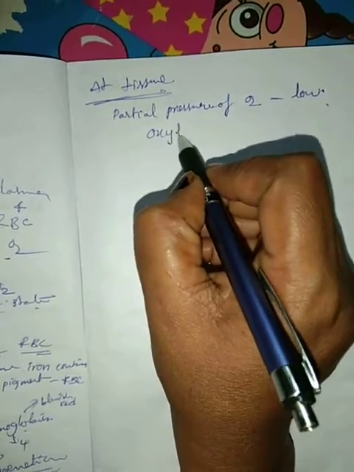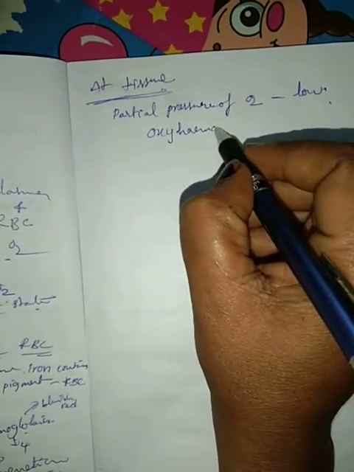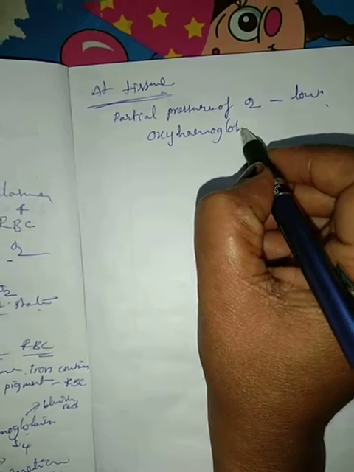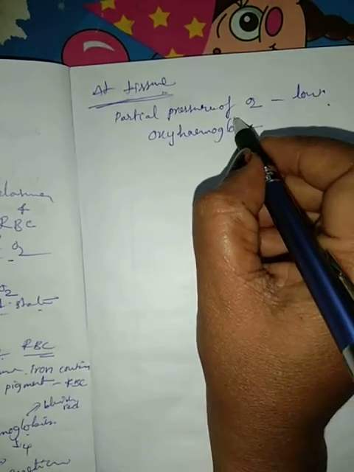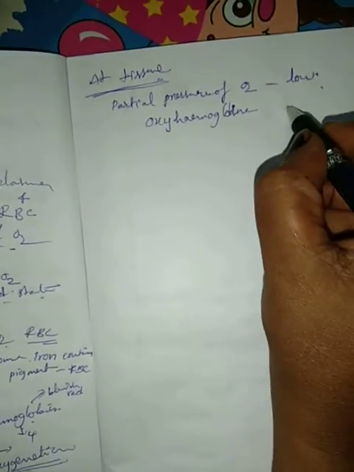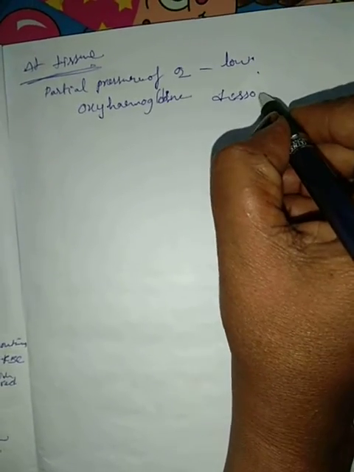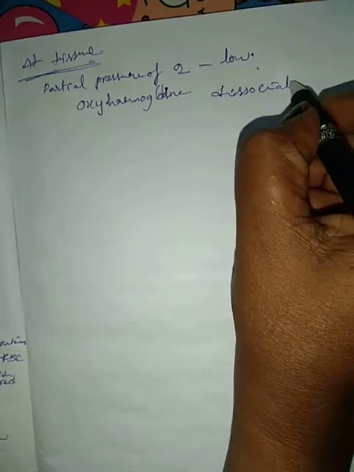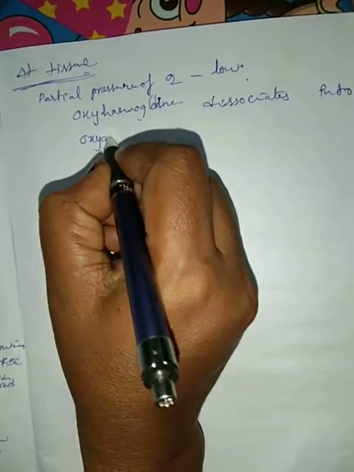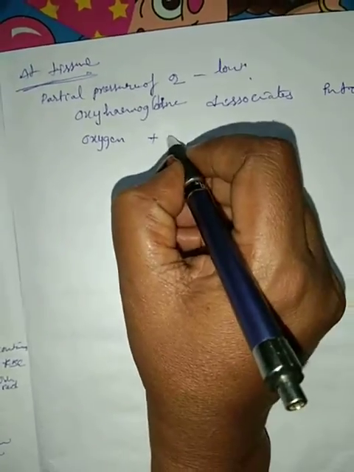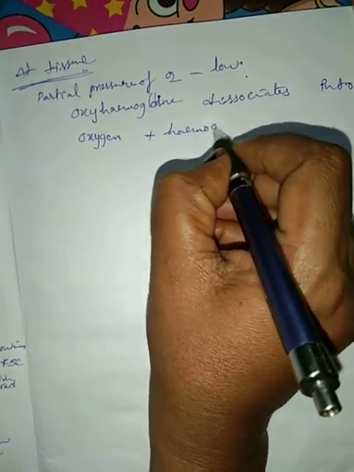Then oxyhemoglobin dissociates into oxygen and hemoglobin.